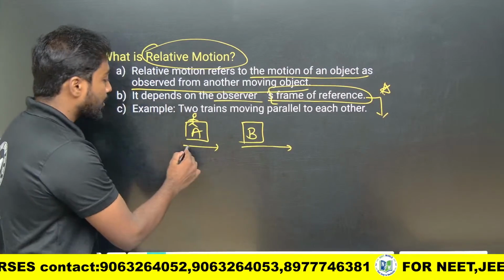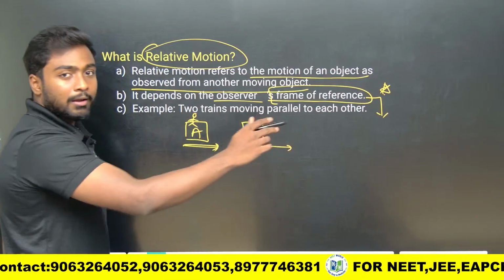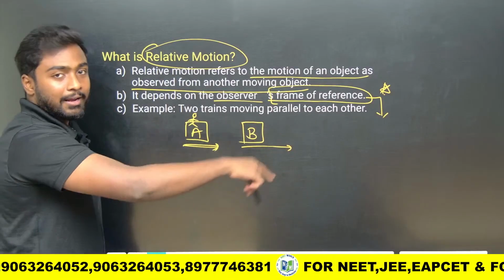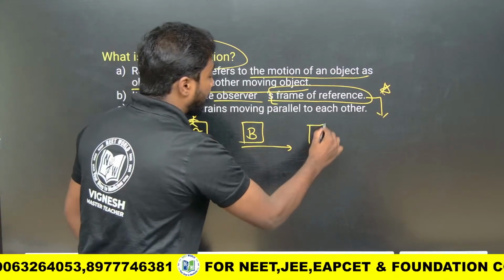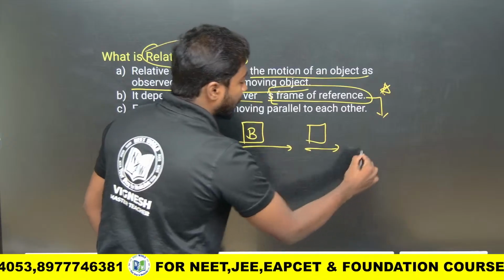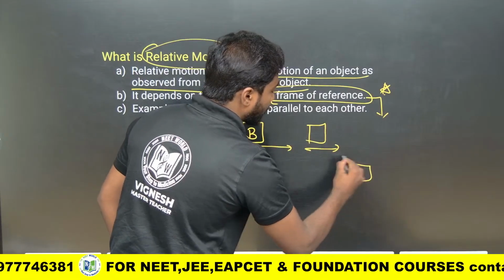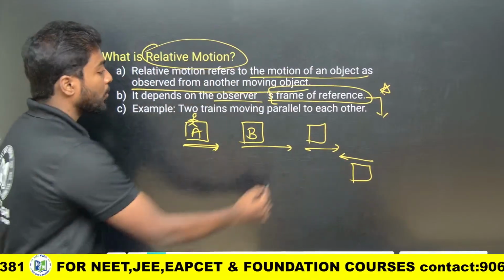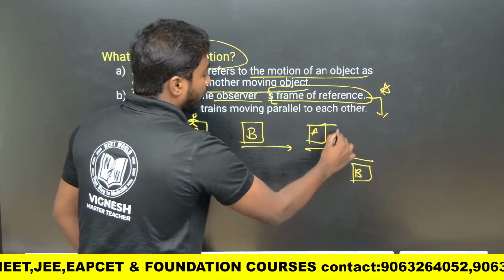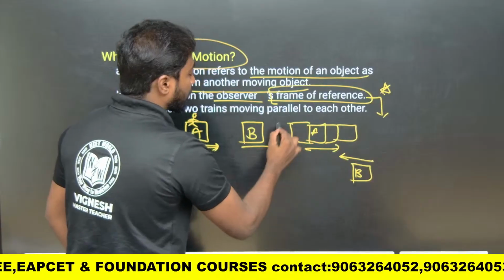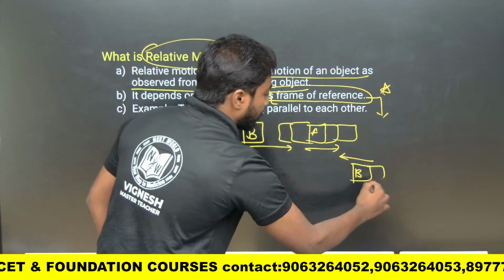We have taken two objects moving in the same line of path, but here they have said parallel to each other: one is going like this and one is coming in the opposite way. Suppose in this train a person is sitting, and in this train a person is sitting.